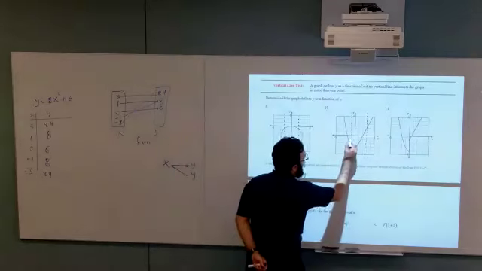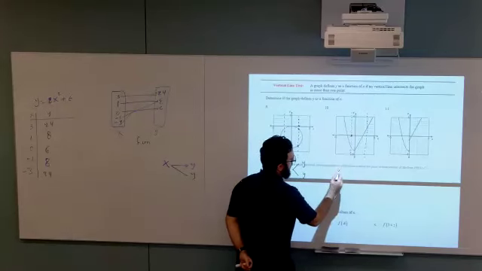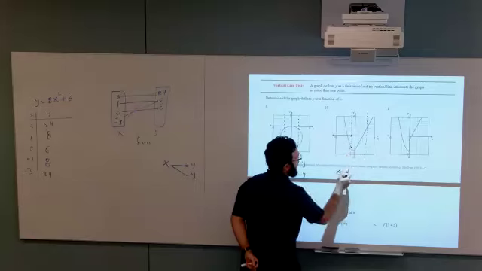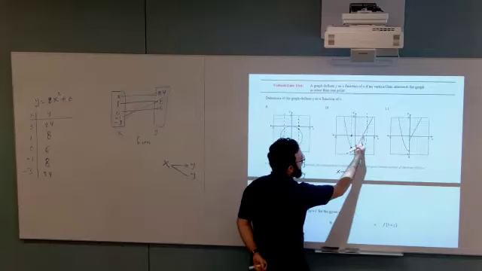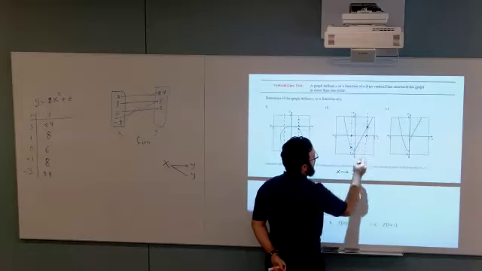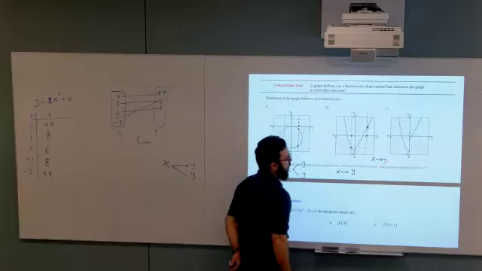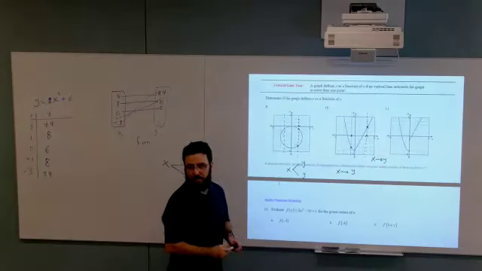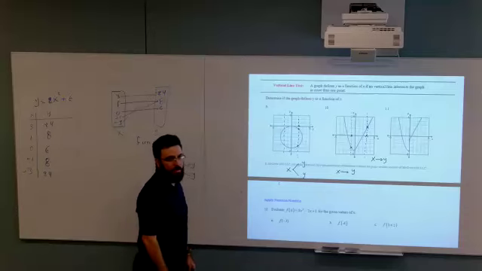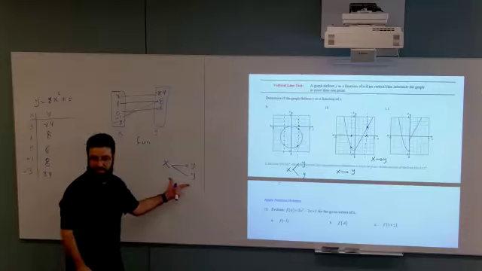Now let's check. X at this point goes to how many y's? Only one y on the graph. Same thing here. X at this point going to only one y. At this point also x going to one y. So what do you think? Is that a function? It's a function. You got it? It's not that hard. It's the same thing we're doing here.